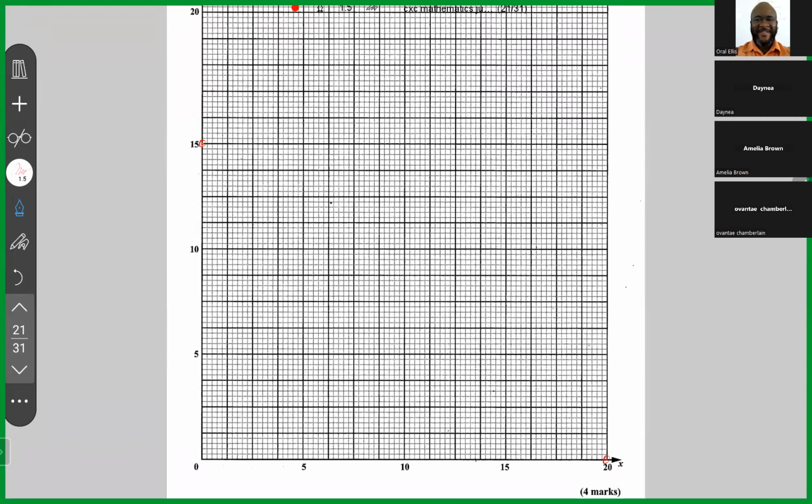I just use my ruler, line up the 2 points, and draw a straight line connecting them. All right, so I line them up, ensure it's perfectly connected. And this is the line 60x plus 80y is equal to 1,200.